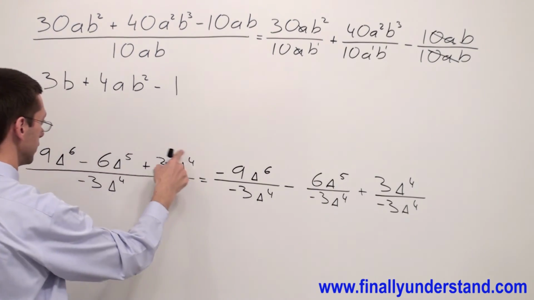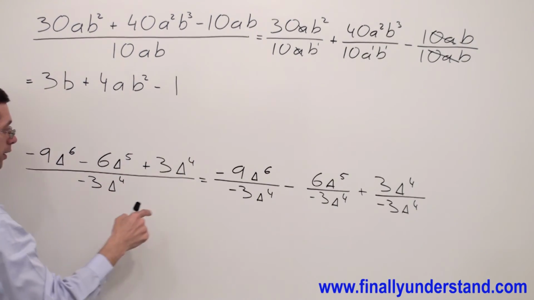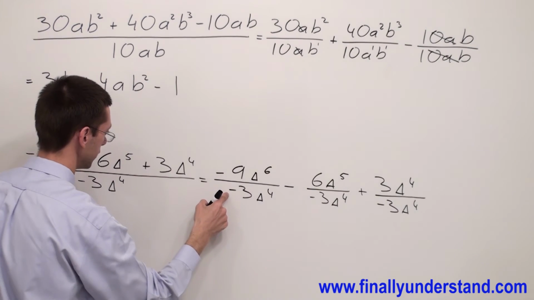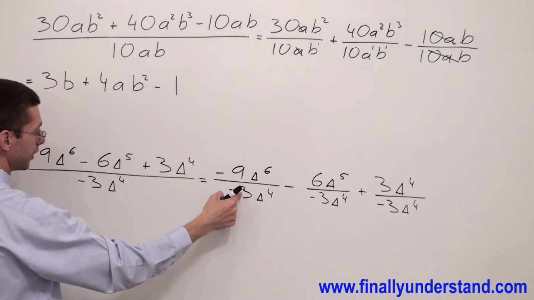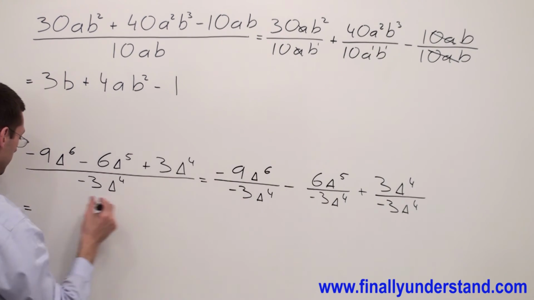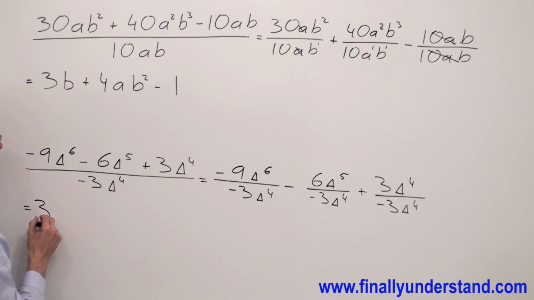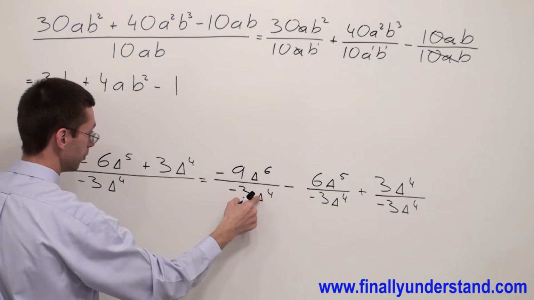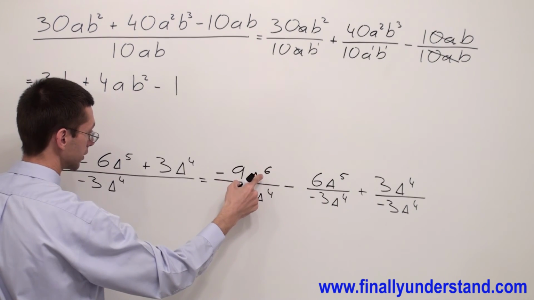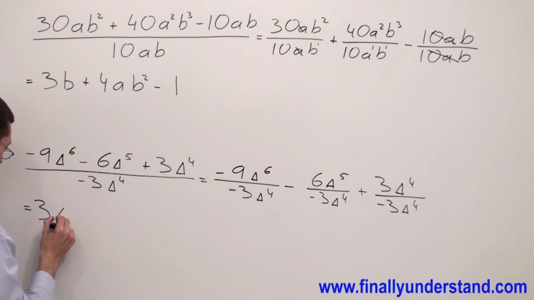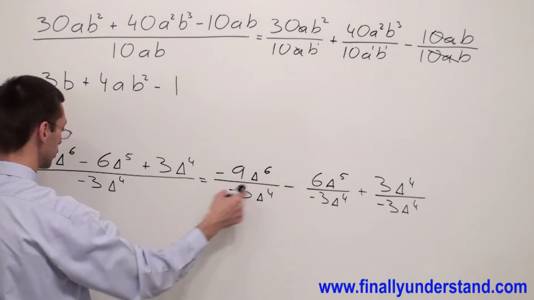I divide this term by this one. Negative divided by negative will give me positive. 9 divided by 3 is 3. Delta, I have the same base, and division. Anytime I have the same base, I have to subtract the exponent. That's why I'm going to have delta to the second power, because 6 minus 4 is 2.